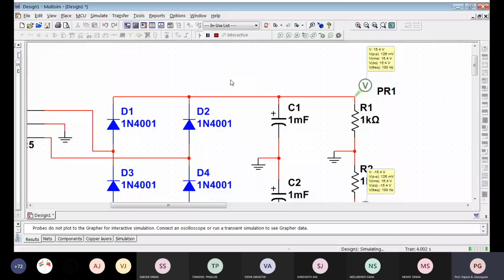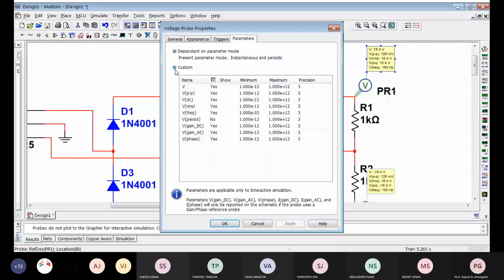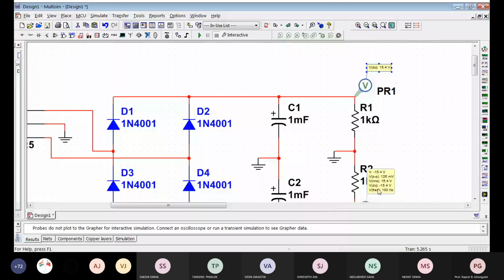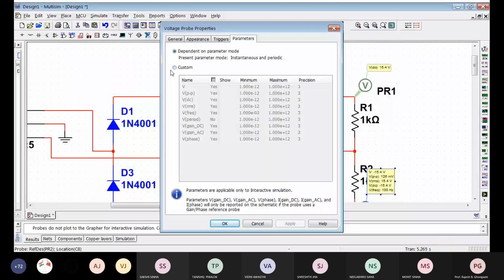What do you see? Just going to remove the other parts.